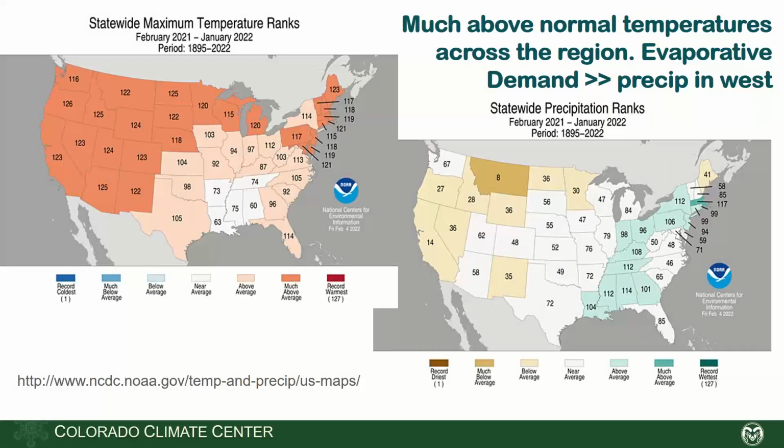Okay, so this is a look at what we've experienced over the last 12 months as a whole. So ending in January 2022 and beginning in February 2021. Again, these are from the National Centers for Environmental Information, and we're looking at overall temperature rankings and precipitation rankings out of 127 years.